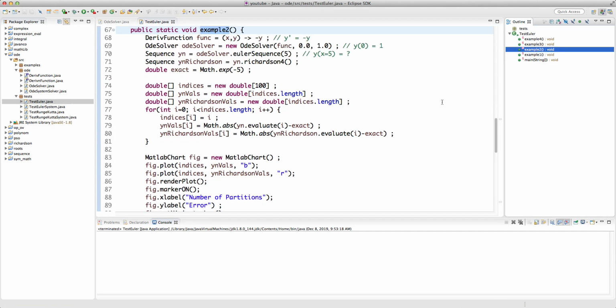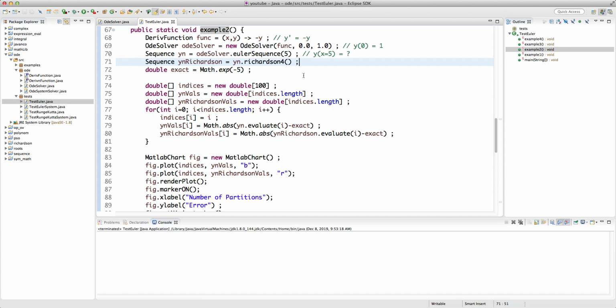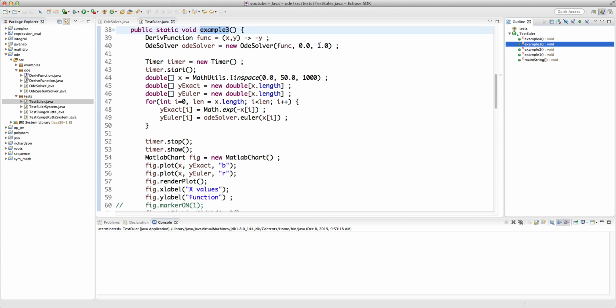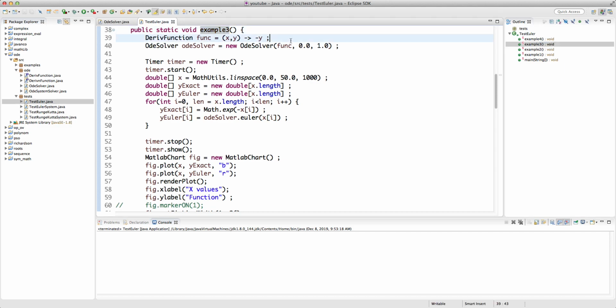As we get away and the interval gets larger and larger from the initial point, the error grows and we need more and more iterations, right? But then in example 3, again the same thing, y prime equals minus y, and the initial condition y of 0 is 1.